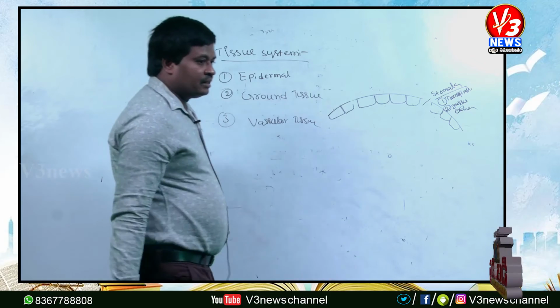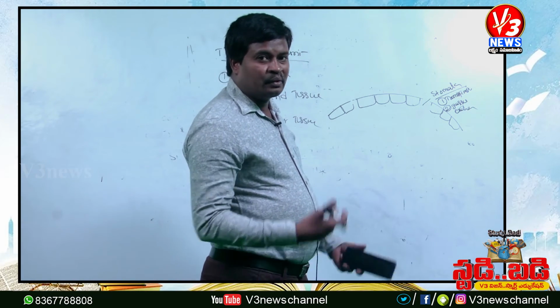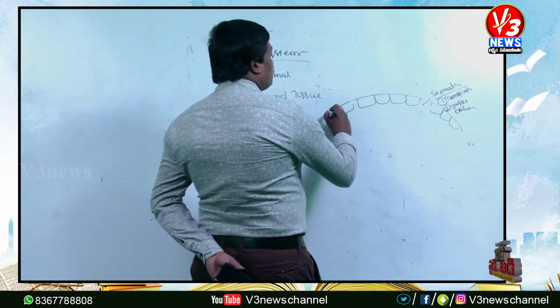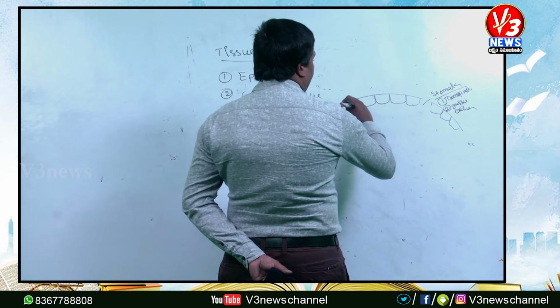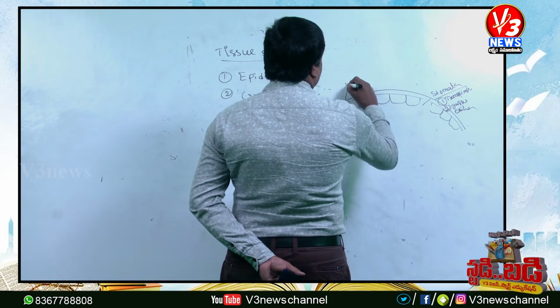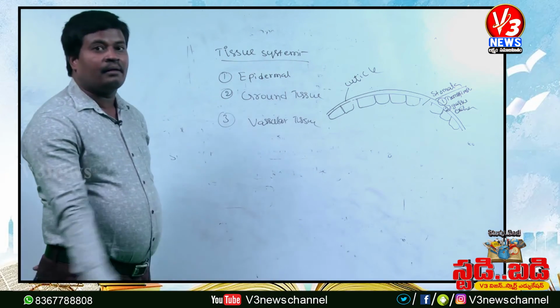What is transpiration? Loss of water. In the leaf, the epidermis containing stomata helps in transpiration. Then next, this epidermis is covered by a waxy cutin layer called the cuticle. Is the cuticle thick or thin?